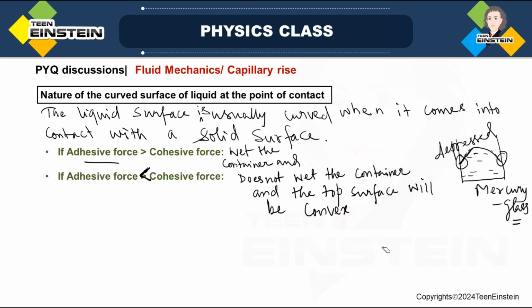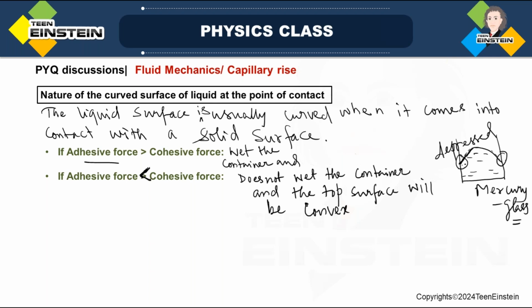So in case of mercury, the cohesive force is much stronger than the adhesive force between the mercury and glass molecules. That's why there will be depression at the point of contact in case of mercury, and the meniscus will look like a convex surface, and it will not wet the glass surface.